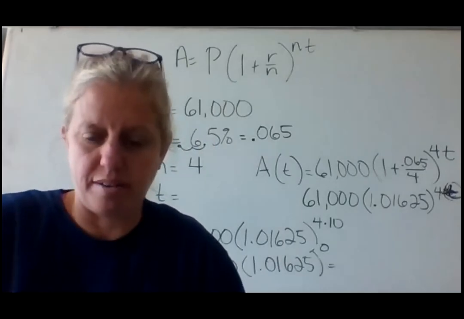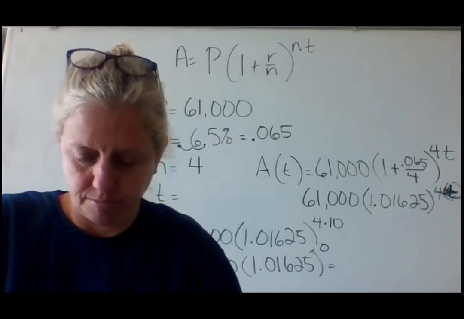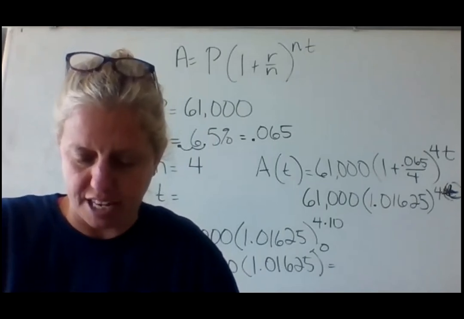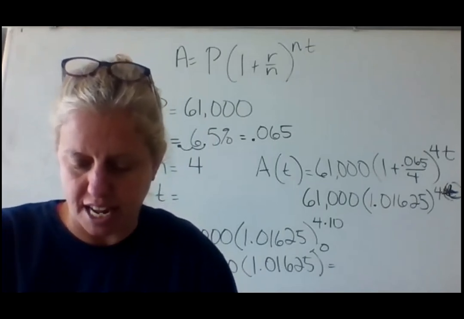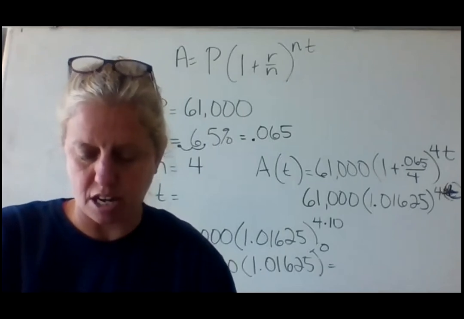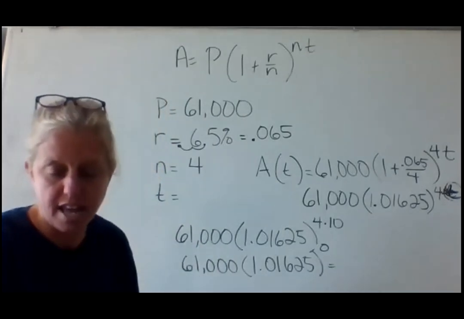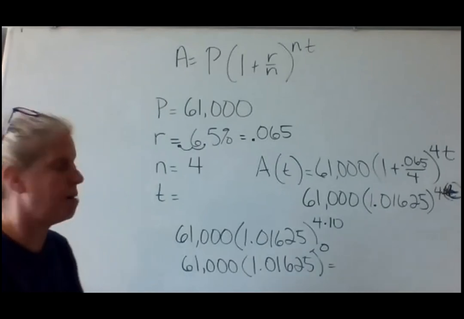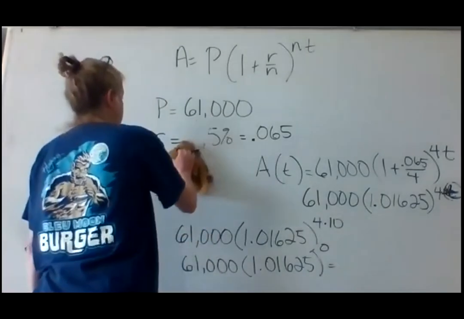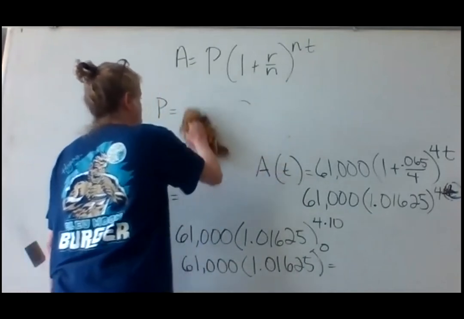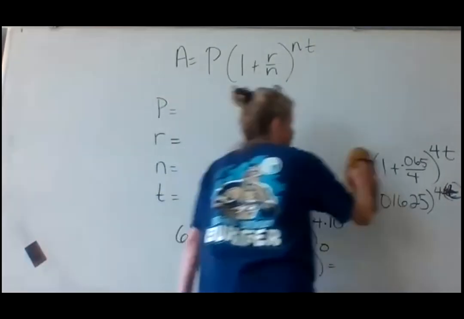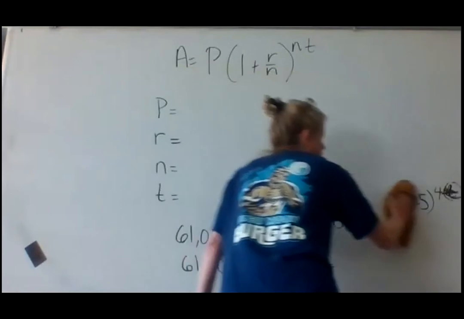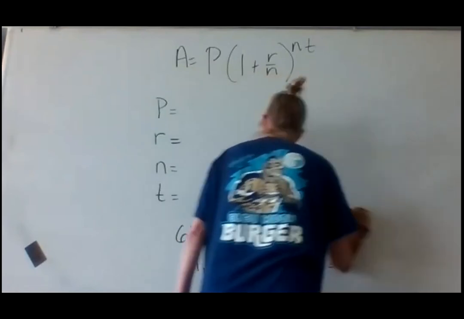All right, last one. On Melissa's 6th birthday, she gets a $5,000 CD that earns 4% interest compounded quarterly. If the CD matures on her 10th birthday, how much money will be available? So let's just change all this to what we know, using the same formula.